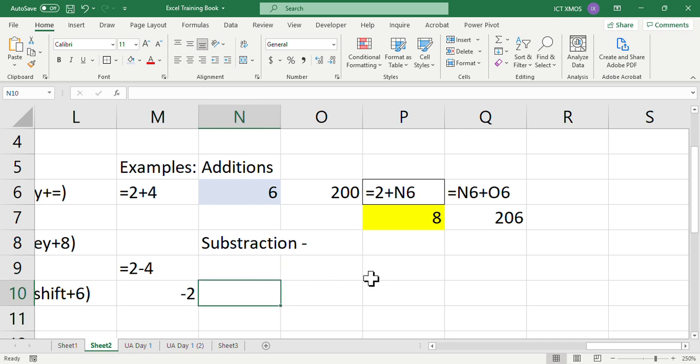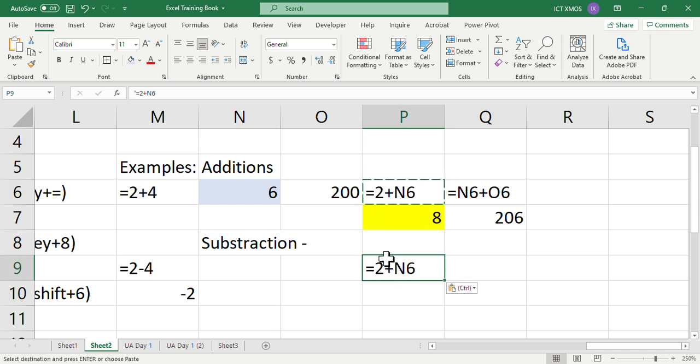So on the second one now, where you may have a mix, look at this one. We have a mixture of number and text, or number and function. We say minus, using minus now. It will be 2 minus N6.